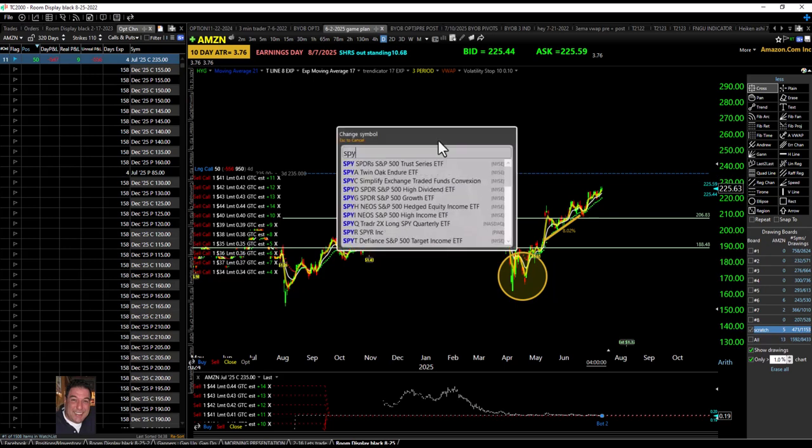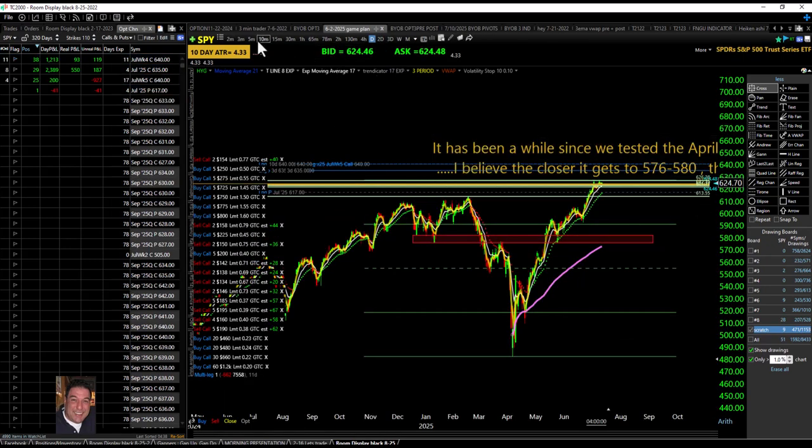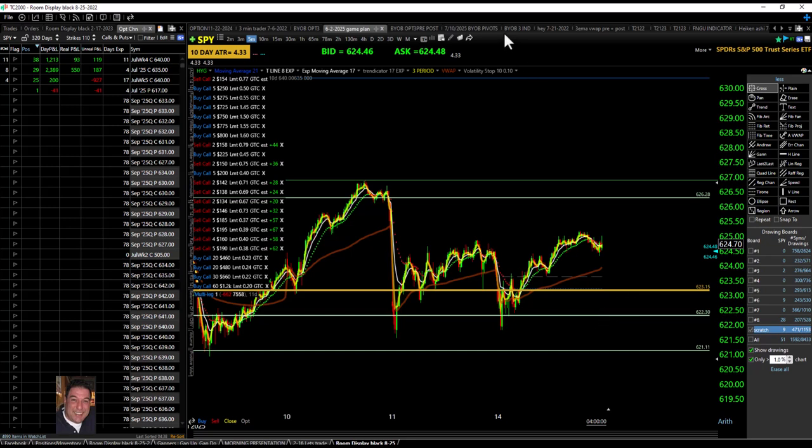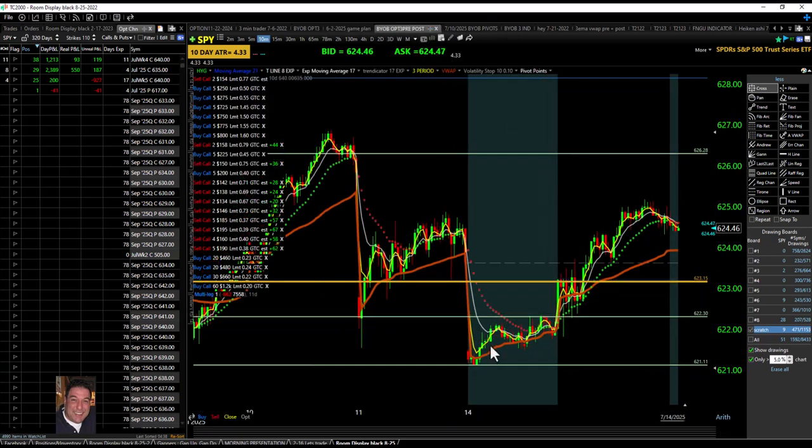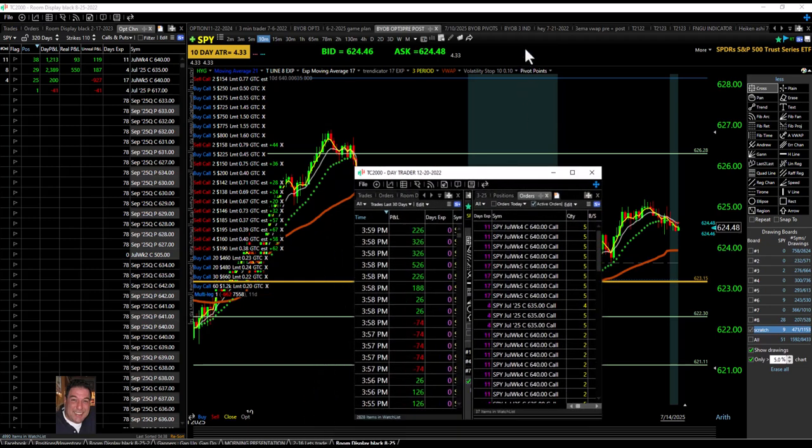So let's go to SPY and look at that so you can understand what I'm saying. 5 minute, and let's go with pre-market. You can see this was yesterday's low and we had some pre-market activity down here. I had a standing order to buy some puts first thing this morning.